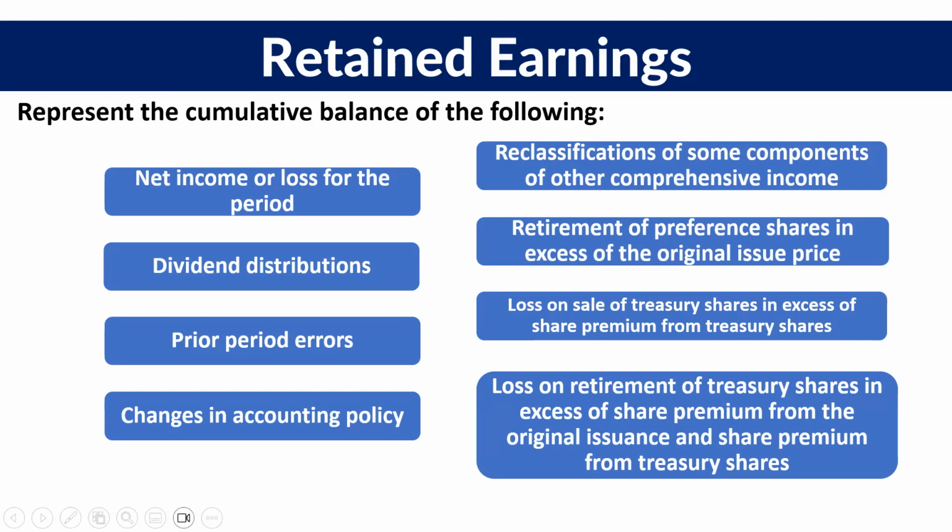This next one is the retirement of treasury share. So you've decided not to reissue the treasury share anymore, but to retire it. Meaning once it is retired, you can no longer reissue it because the shares are canceled. The loss that the share premium cannot absorb happens because the cost of your treasury share, when you purchased it back, is more than the original issue price of the shares.